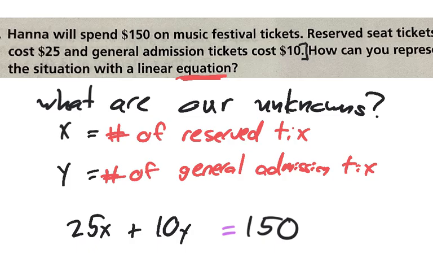So this whole term together is the money spent on reserve tickets. If I got 2 reserve tickets, that would be 25 times 2, which is 50 here. If I got 6 reserve tickets, 25 times 6 is 150. So this term represents the money spent on reserve tickets. This term represents the money spent on general admission tickets. And I know if I add those together, they have to equal 150 because that's how much Hannah's going to spend.